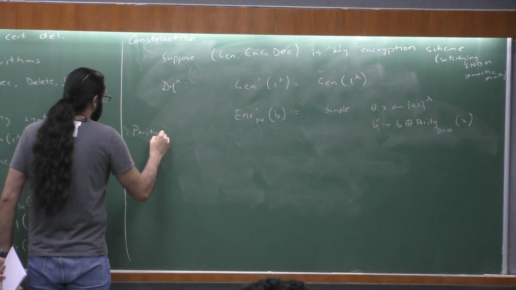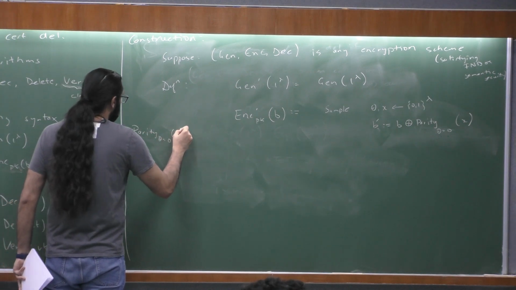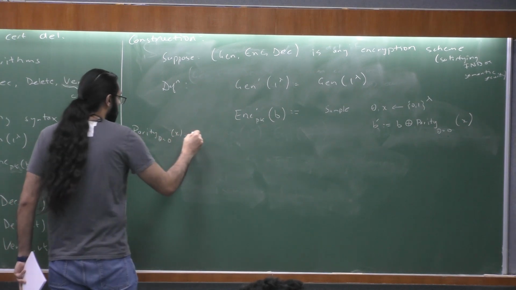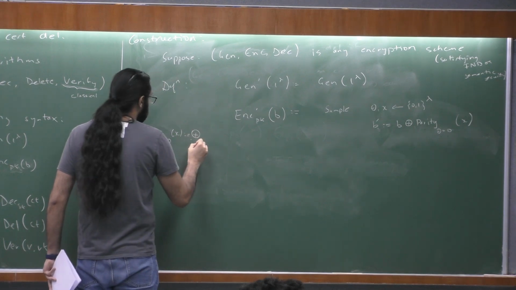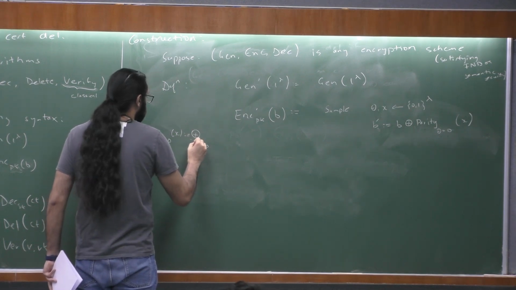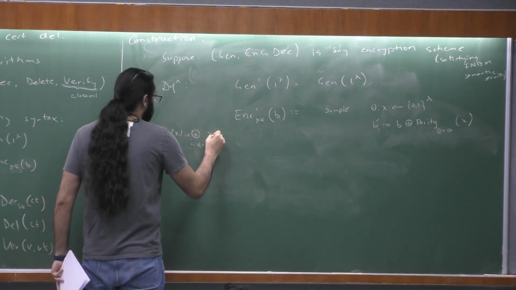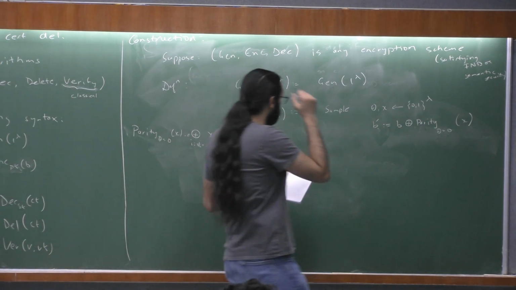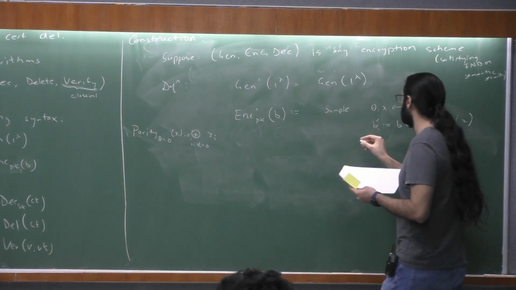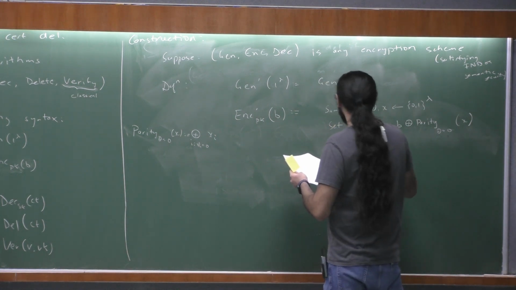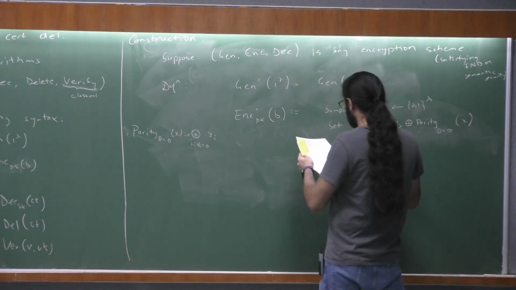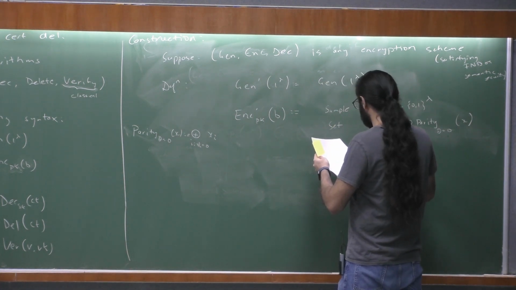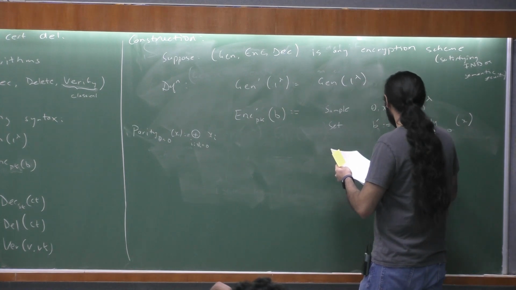So parity theta equal to 0 of x is simply XOR over i such that theta i is 0 of x_i. Okay, so that's the definition. You're going to sample these, set b prime to this value, and set ct, the ciphertext, to be the following.